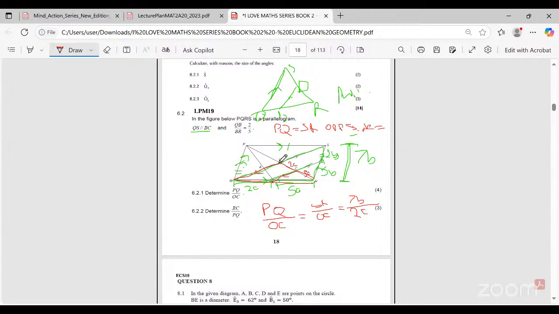Okay, see, it's this part here. What can we cook here? This is OC, and it's a diagonal of this parallelogram. The whole of this side will be 7C.